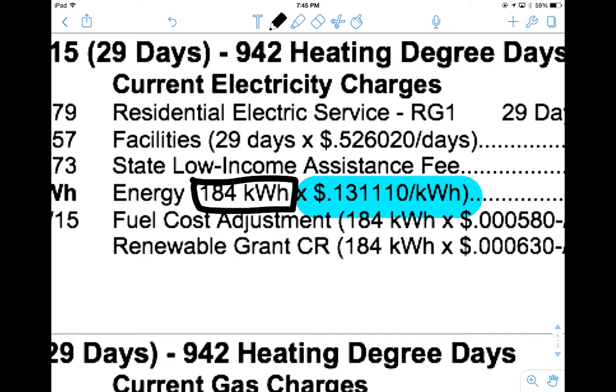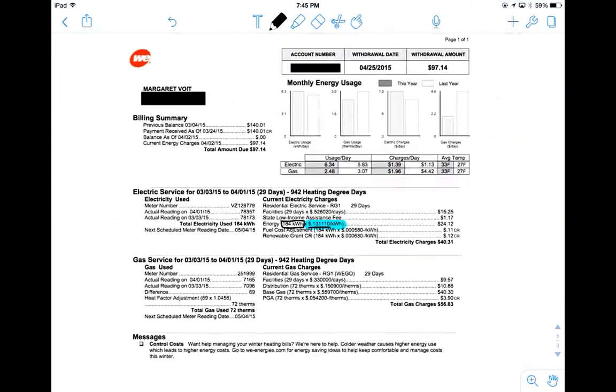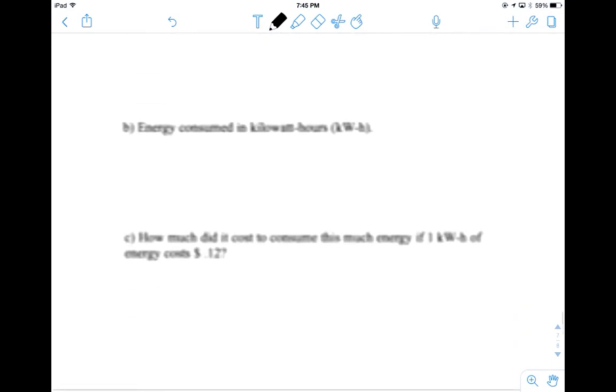Apparently I used 184 kilowatt hours of energy, and they charge me 0.131110. In other words, they charge me about 13 cents per kilowatt hour. We're going to determine what that means.